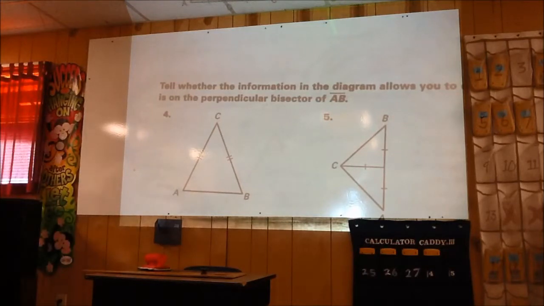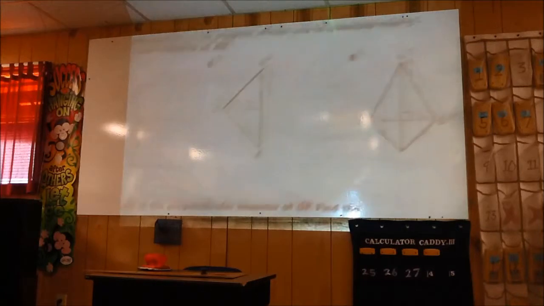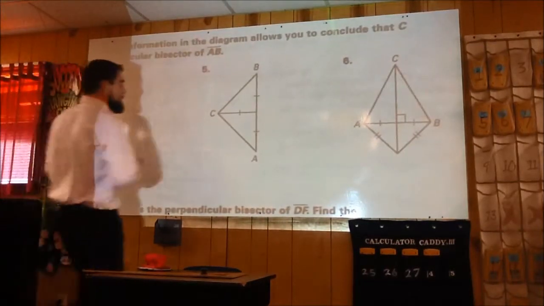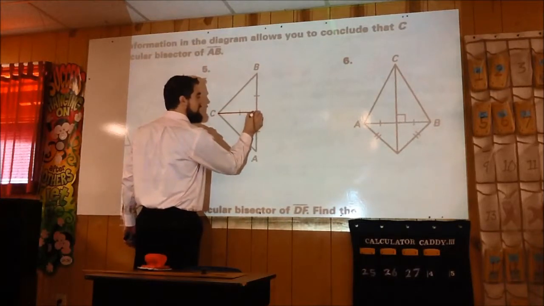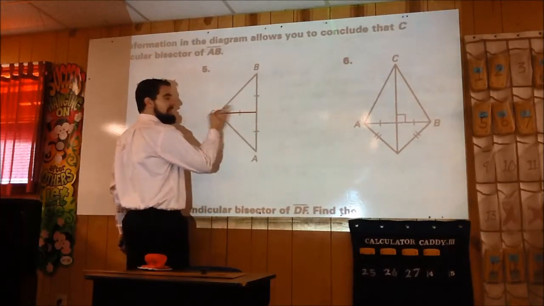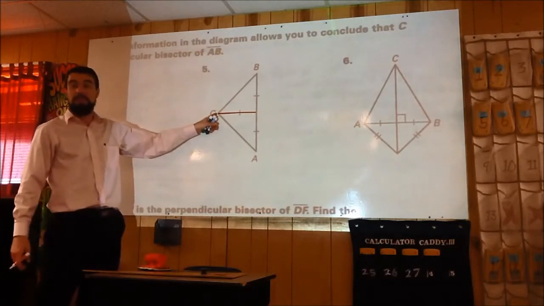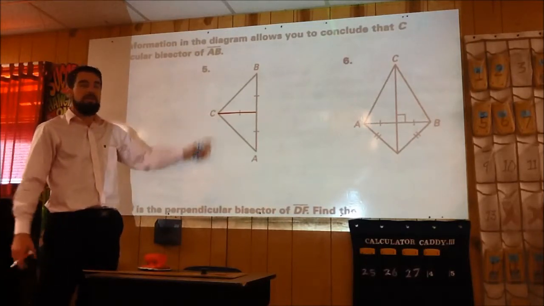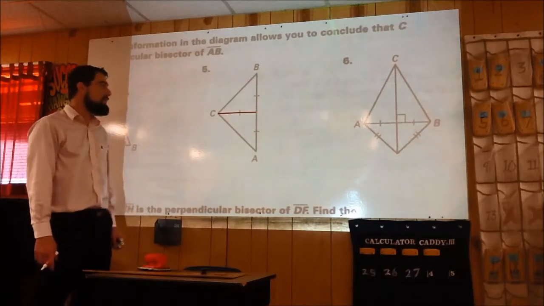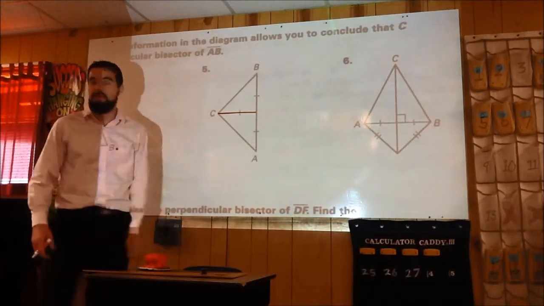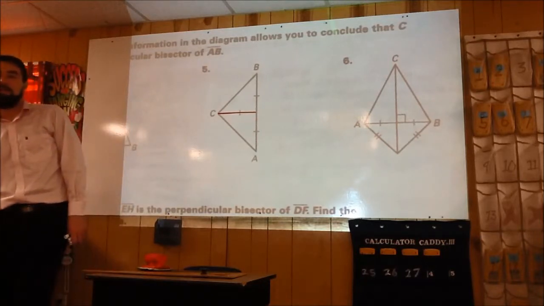Number 5, is point C on the perpendicular bisector? Another way of asking this question is: is this segment right here the perpendicular bisector? Because if it was, point C would be on it, and it would be equidistant from the two endpoints. So do we know if point C is equidistant from the two endpoints?